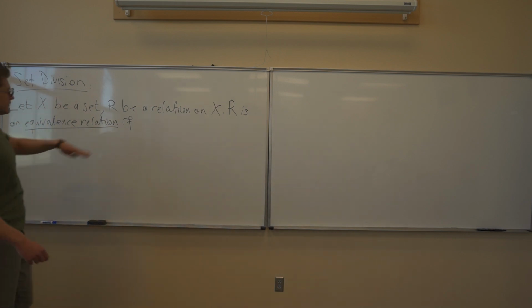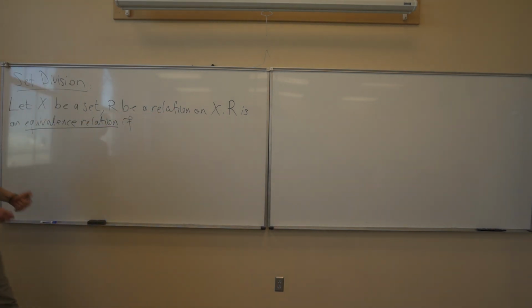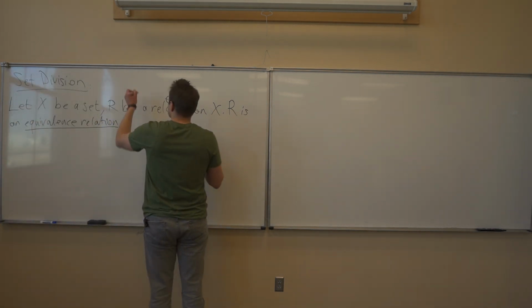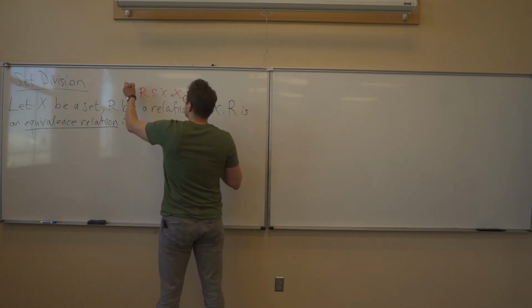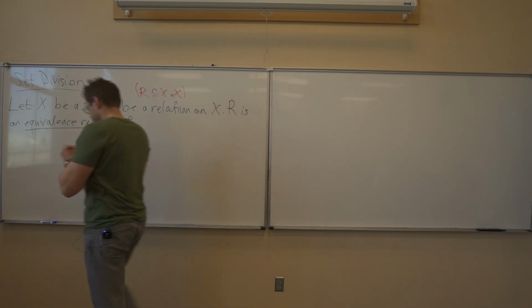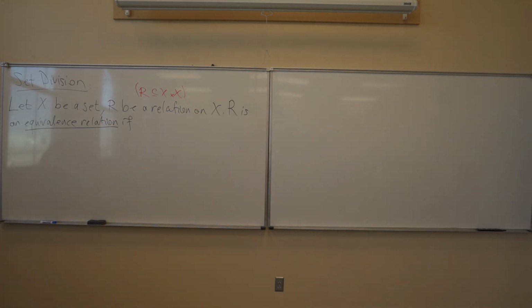So I start with a set X and a relation R on X. This just means that R is a subset of X times X. And I'm going to call R an equivalence relation if it satisfies the following 3 properties.